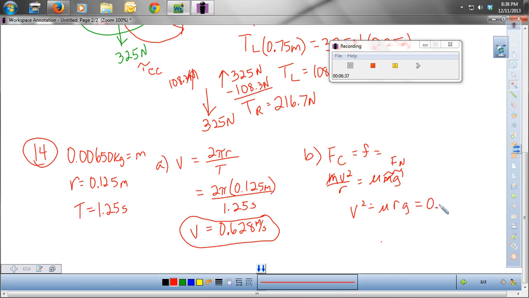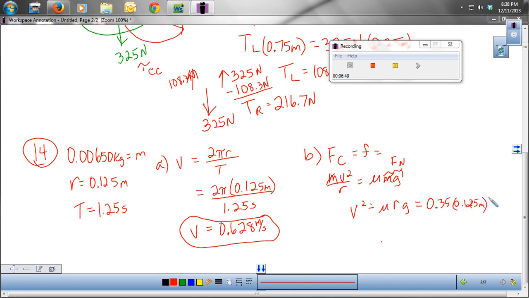Mu is 0.35, r was 0.125, and g is 9.8. So that's v squared, but I want v, so I'm going to take the square root of that value, and I get 0.655 meters per second.